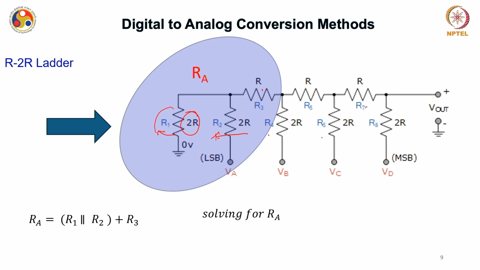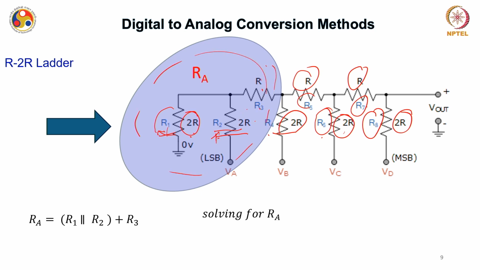taking alternating values between 2R and R. So R1 is 2R, R2 is again 2R, and sequentially I have placed them: R3 is R, R4 is 2R, R5 is again R, R6 is 2R, R7 is R and R8 is 2R. Now with this configuration, to find the equivalent resistance, let me call the R1, R2 and R3 configuration RA.